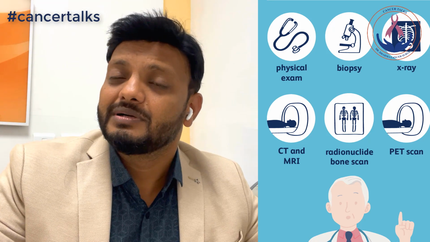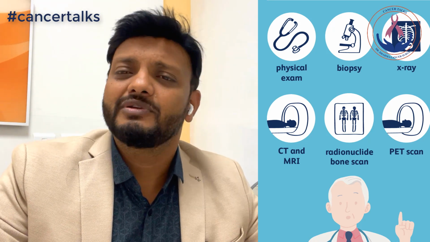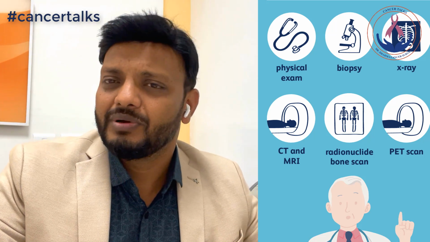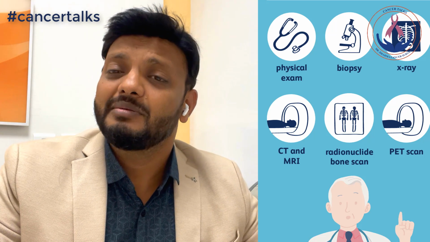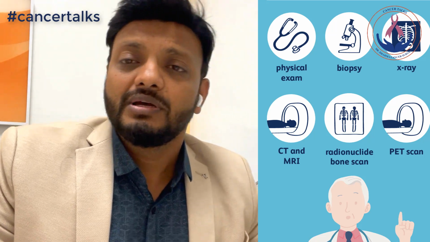So we do a CT scan or MRI to know the local extent of the disease, or sometimes a bone scan to know whether the cancer has spread to the bone. In some patients we may advise a PET scan to know where all it has spread. Sometimes for female patients we advise a mammogram also to know the exact location of the lump.